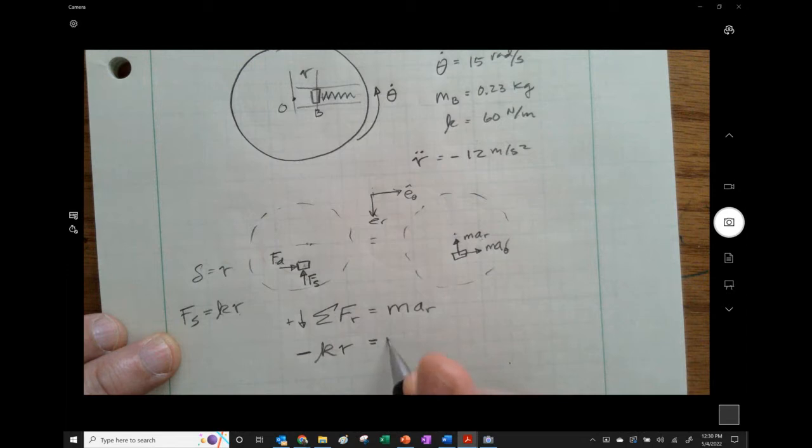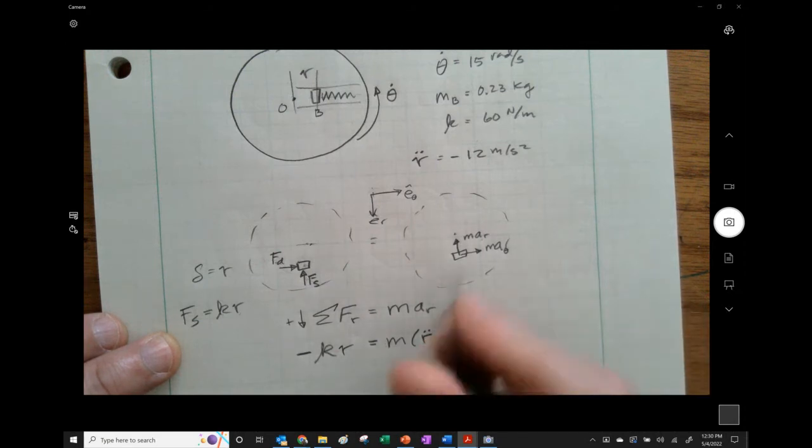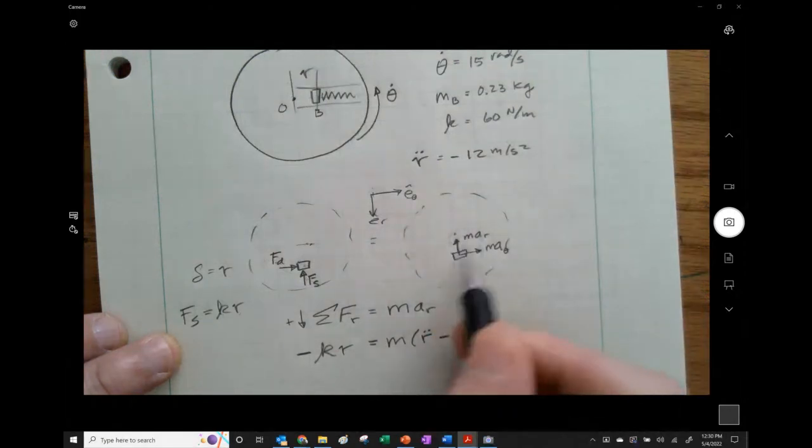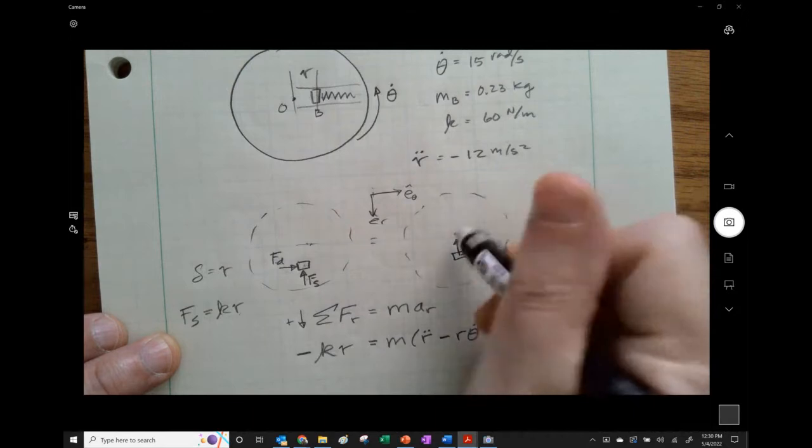And now we're going to have the mass of the thing, and the acceleration in the radial direction. And remember, that's going to be R double dot minus R theta dot squared. Now, because I drew it in the negative direction here, I really should make this negative.